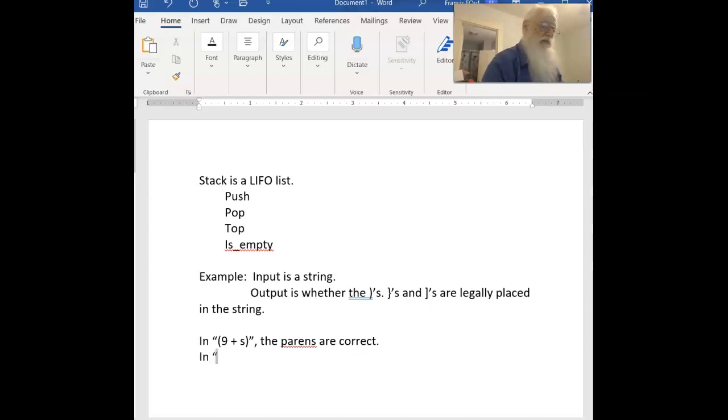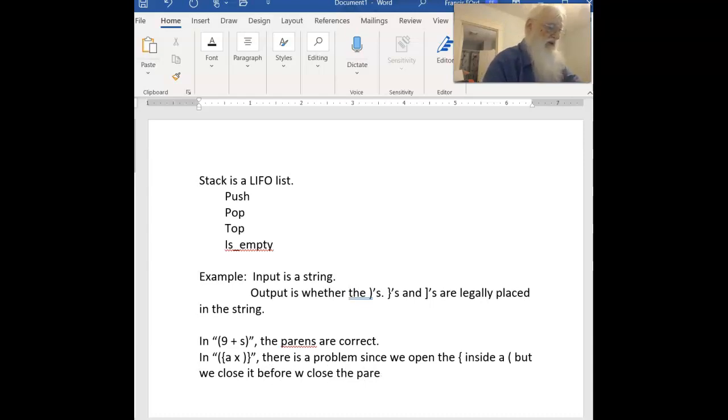In square bracket, oh no, that was brace, a x paren brace, there is a problem since we open the brace inside a paren, but we close it before we close the paren.